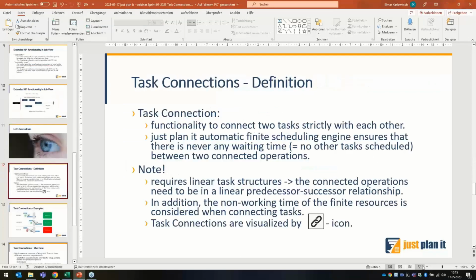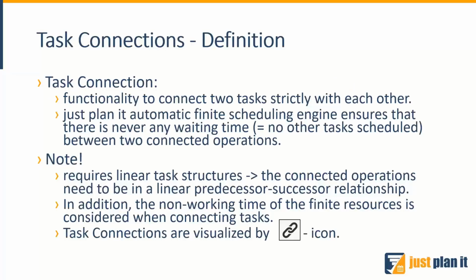So then let's go for the task connections. So what is task connections all about? Task connections give you as a user the functionality to connect two tasks strictly with each other. That's not very astonishing, right? That is literally connecting two tasks.